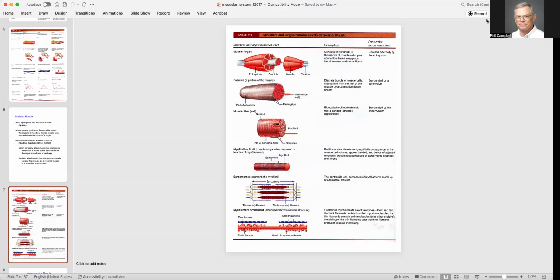Now, what I want to do in this slide and subsequent slides is discuss anatomy. We will start with the muscle organ. Remember, in physiology you have cells, groups of cells, which we call tissues. If they're organized into a discrete tissue component, we call it an organ.